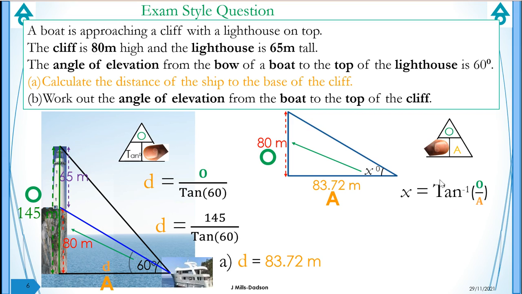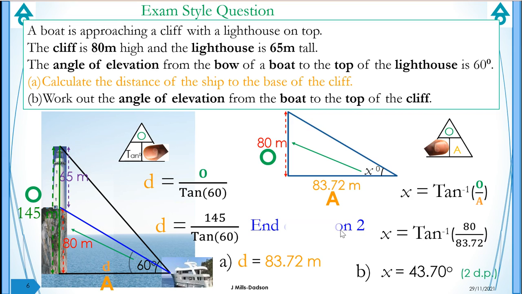And we replace O and A with the numbers 80 and 83.72. So tangent inverse of 80 over 83.72, and approximately that will be equal to 43.7 degrees.